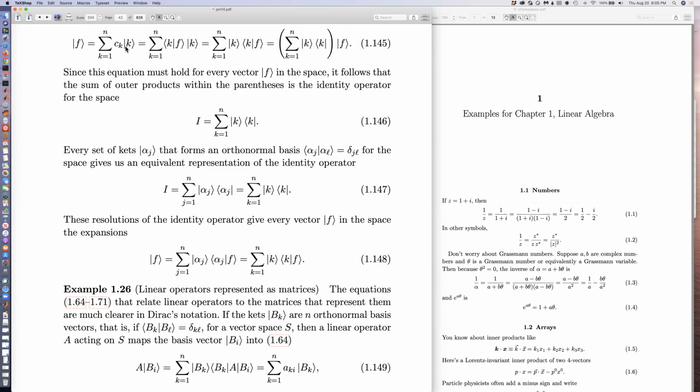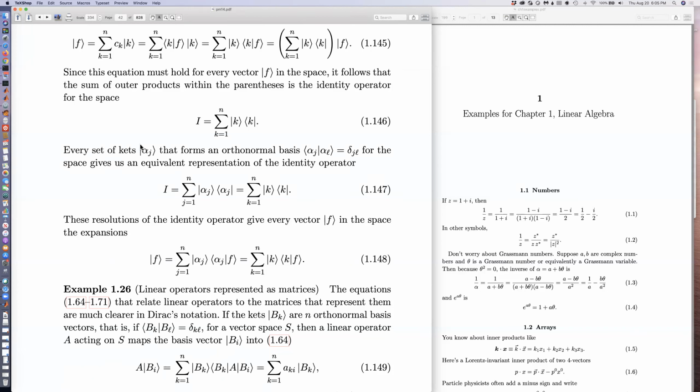You can then make them orthonormal and they form an orthonormal basis, and just as you can expand any vector in the space in terms of a maximal set of linearly independent vectors, it's also true that you can express any vector in the space as a linear combination of orthonormal vectors, a maximal set, n being the dimension of the space.